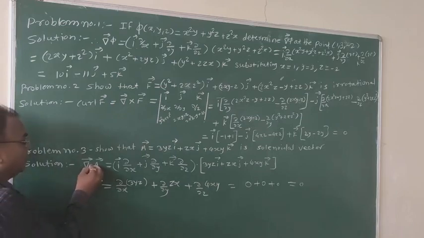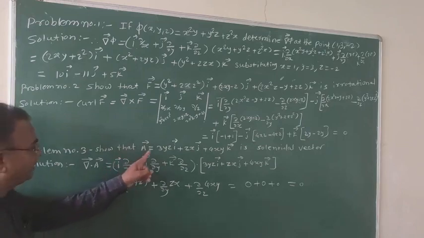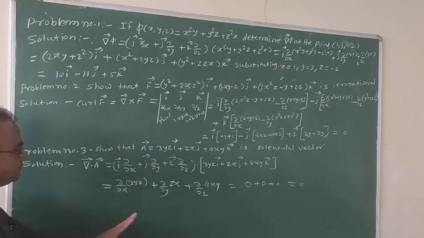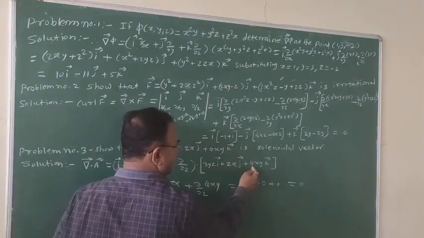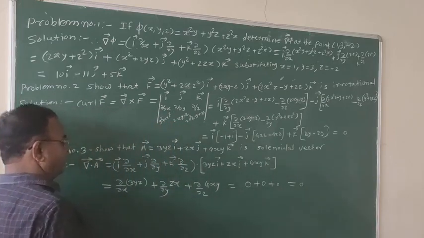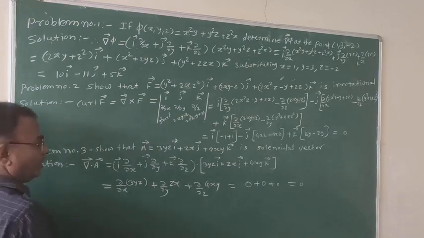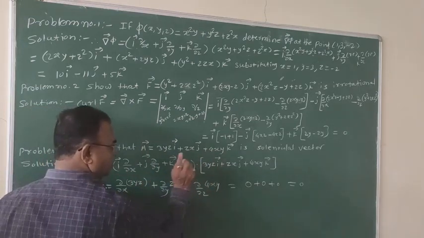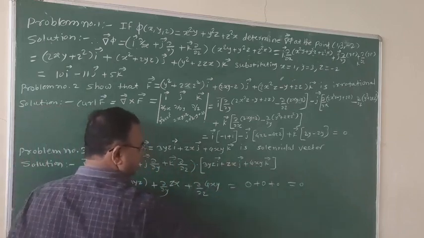Here, this dot indicates the divergence. Putting the value of del bar, which is the operator i bar ∂/∂x plus j bar ∂/∂y plus k bar ∂/∂z, dot with the given vector A. Then A is 3yz i bar plus zx j bar plus 4xy k bar. Then solving these two brackets, we know that i bar dot i bar is 1, i bar dot j bar is 0, i bar dot k bar is 0.